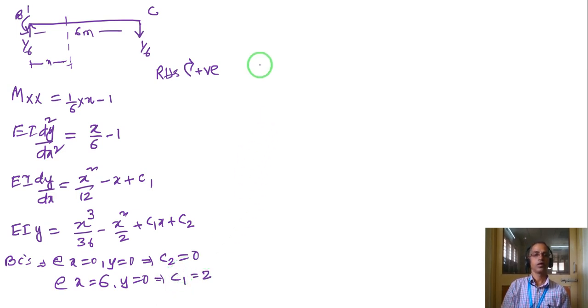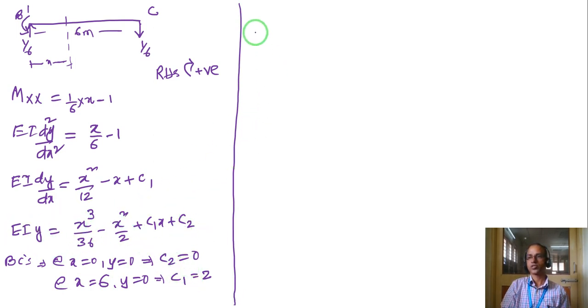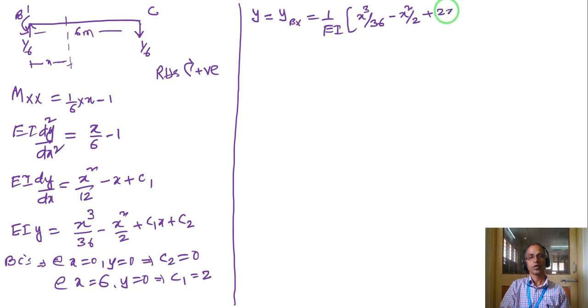Right? Now, that means substituting C1, C2 in this deflection equation, y, which is nothing but my ordinate in terms of x, which is YBX, is equal to 1 by EI, taking this EI this side, x cube by 36 minus x square by 2 plus 2x.